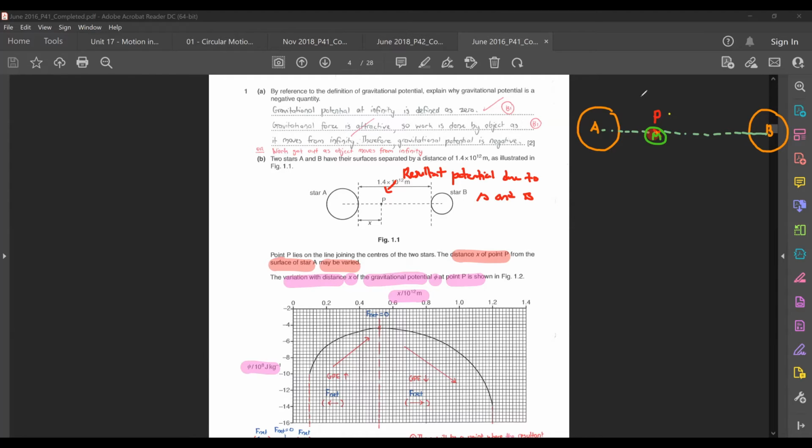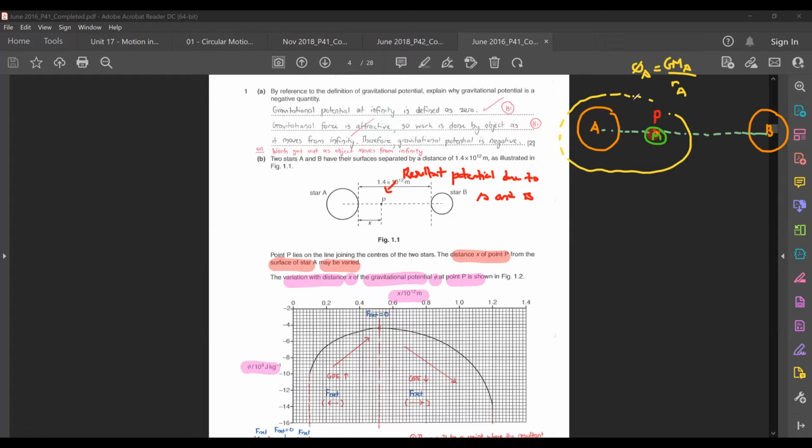If I just consider this pair of masses, star A and the test mass, I can say that there will be a potential due to A, which is GMA over RA. This is the potential that is caused by A itself.